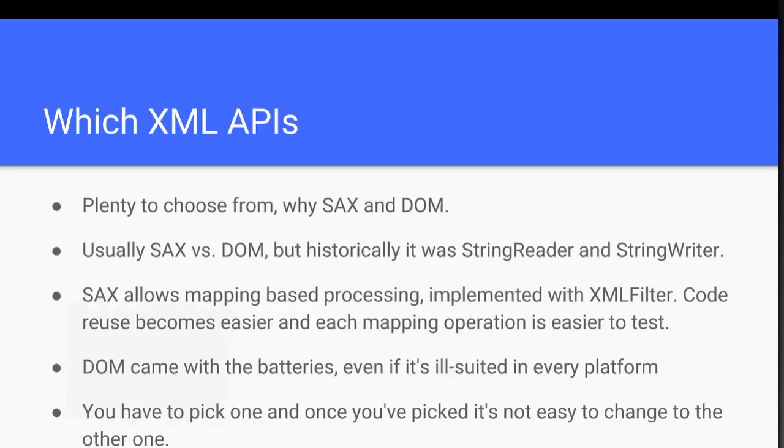So we're using two XML APIs, Sax and DOM. I wouldn't use DOM if I were able to choose now. DOM is an XML API that was developed to be platform independent, which means it's bad in every programming language.